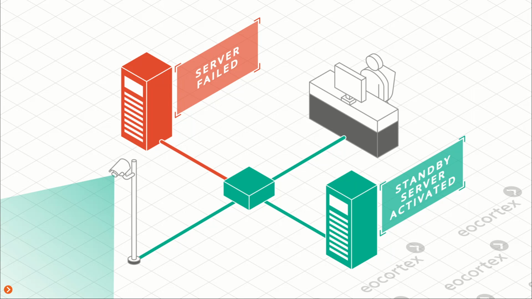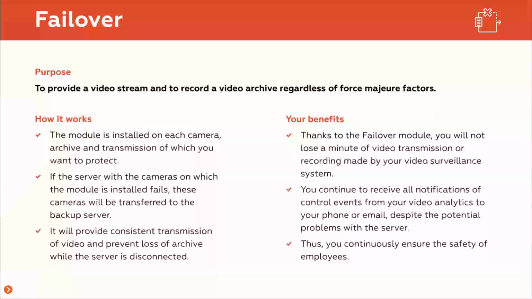But if you install our failover server, with the failover module, you can ensure that in case the main server breaks down, the recording will still be done. So that will allow you constant recording and will prevent you from losing the information for the most important areas in your company or in your manufacturing company, in your factory.